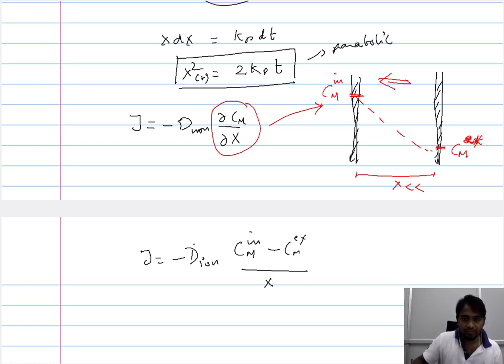So what we have done is we have assumed that the thickness of the metal oxide is relatively small and rewritten the gradient of the concentration by just considering the difference in the concentration at the internal interface and that of the external interface.